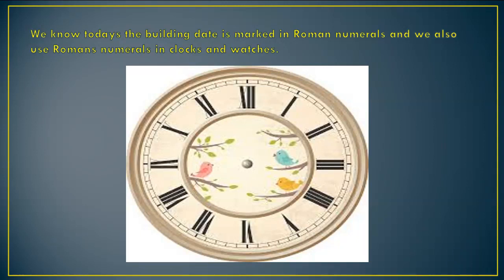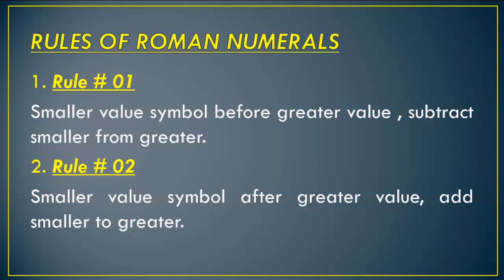Rule number 1 is, when you have a smaller value symbol before a greater value, subtract the smaller from the greater. And rule number 2 is, when you have a smaller value symbol after a greater value, add the smaller to the greater.